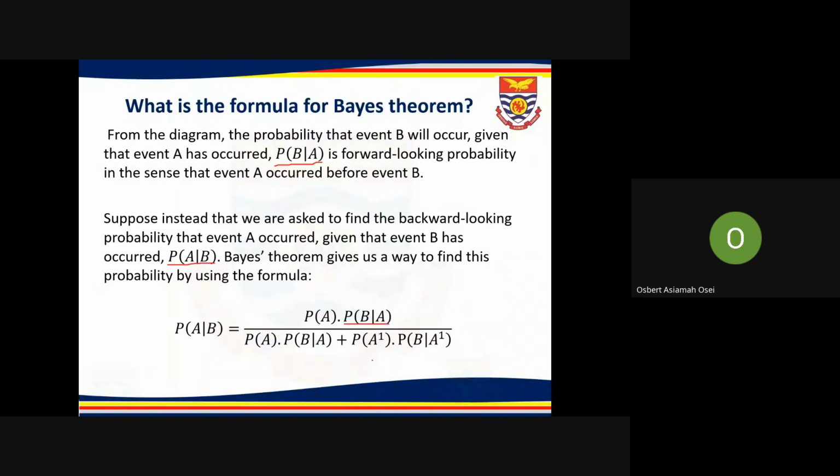So if we situate it in our example, event A means that the person goes to school, while B is the event that the person learns.